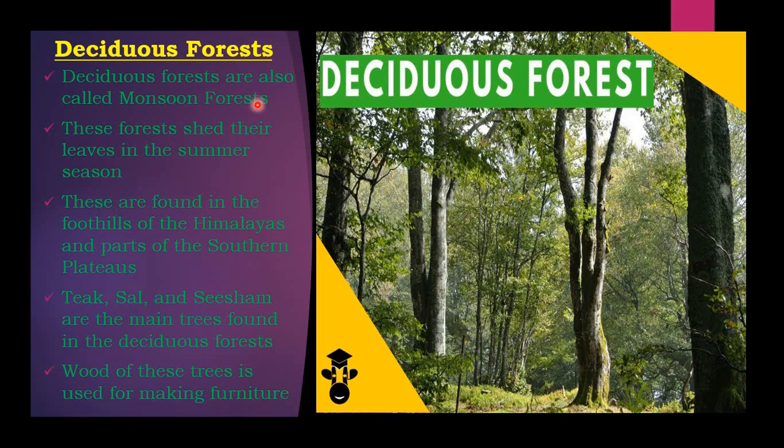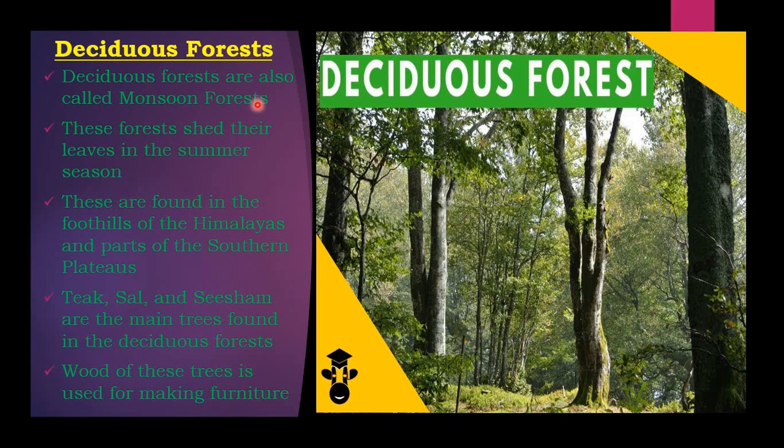So what happens in evergreen trees? The leaves will go part by part. When some leaves fall down, the new leaves will be ready. So the evergreen trees look always green because the tree will never be empty.